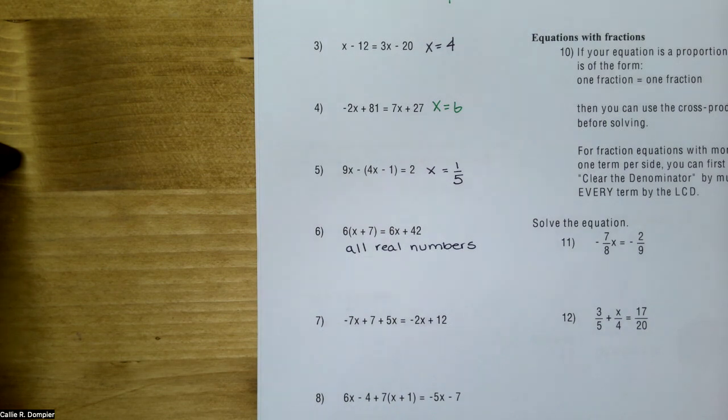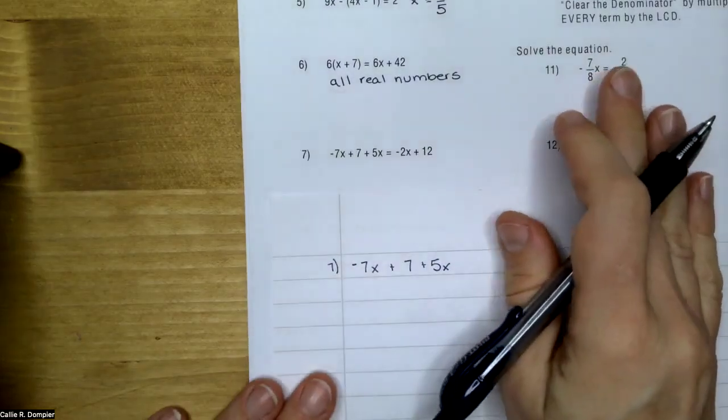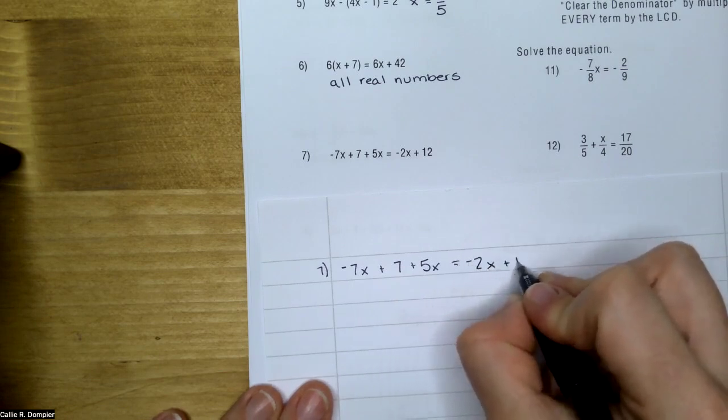Number 7 is -7x plus 7 plus 5x equals -2x plus 12. Let's try that one, see how it goes. -7x plus 7 plus 5x equals -2x plus 12.